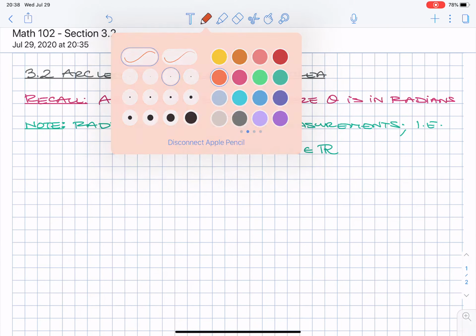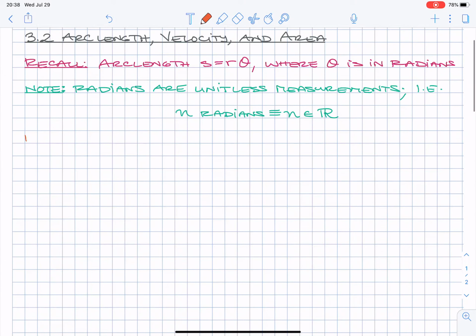So let's also recall, if you're going down the freeway at 80 miles per hour, that means in 1 hour you will have gone a distance of 80 miles. So we can think of linear velocity, little v, as distance, how many miles you went per hour, so over time.